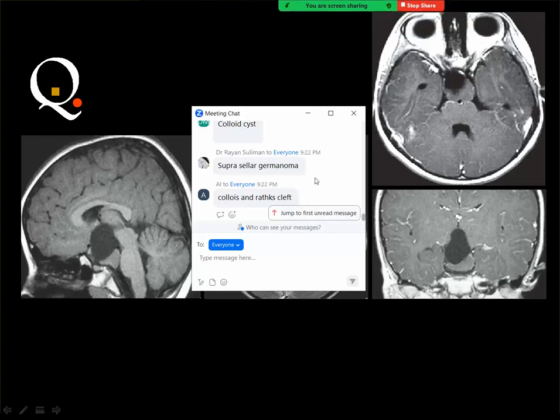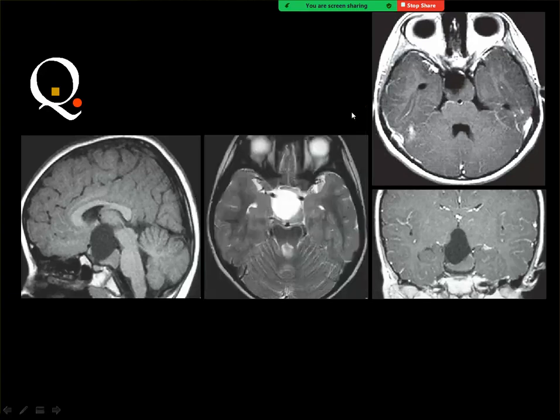Suprasellar germinoma, no. Colloid cyst, no. Rathke's cleft cyst is not a suprasellar lesion. Then if you look carefully here, you see a cystic lesion contains fluid which is almost similar to the CSF in all sequences, and this is a suprasellar arachnoid cyst.